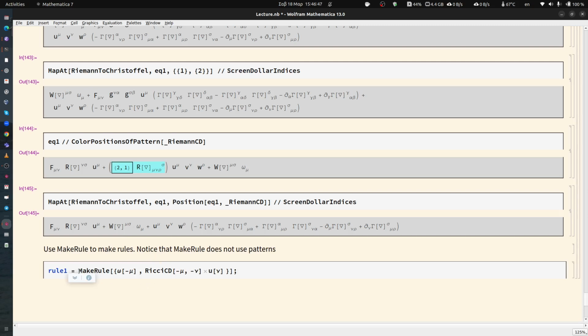So the rule here, you see it has one argument only, and it has a list. A list can have more than one rule, as we can see later. So this rule here takes your expression and substitutes omega mu by the Ricci tensor contracted with the vector u.